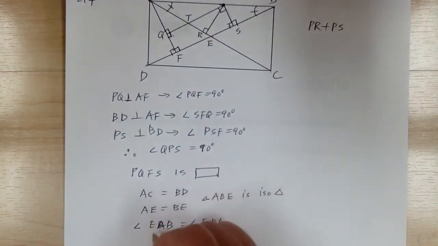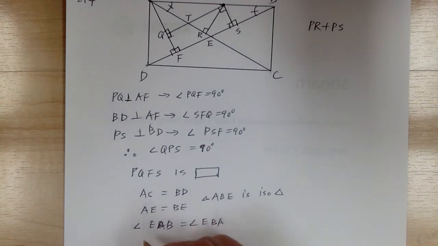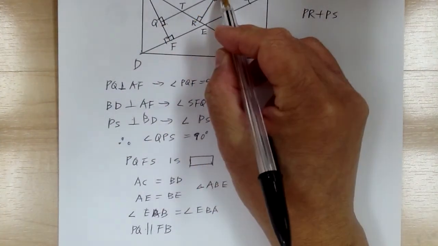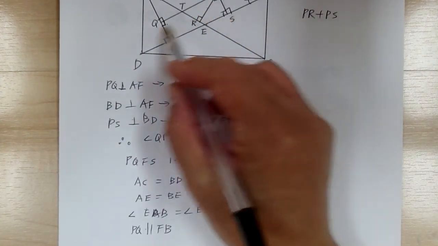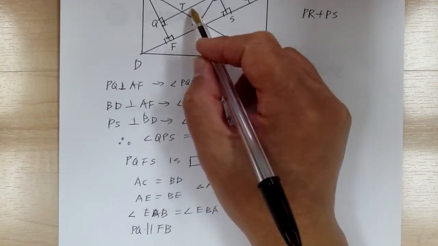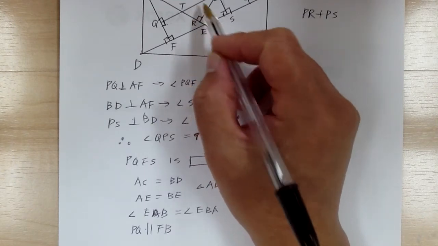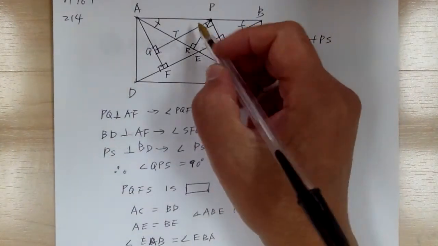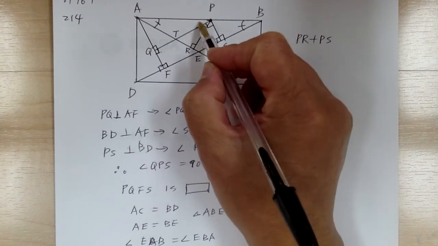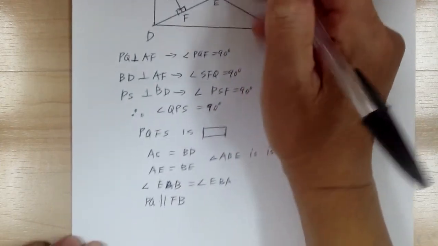Okay, the next thing is PQ is parallel to FB. Okay, so PQ is parallel to FB because these are opposite sides of the rectangle. Now because these two lines are parallel, these two angles will be corresponding angles.